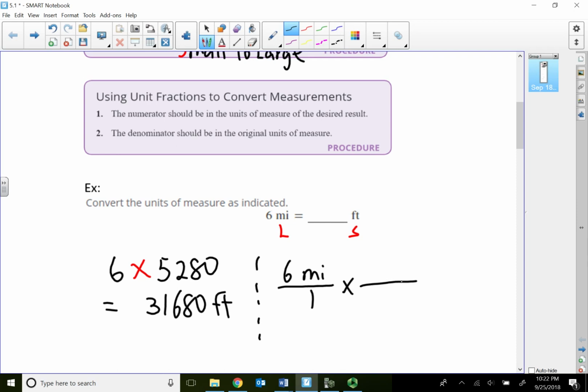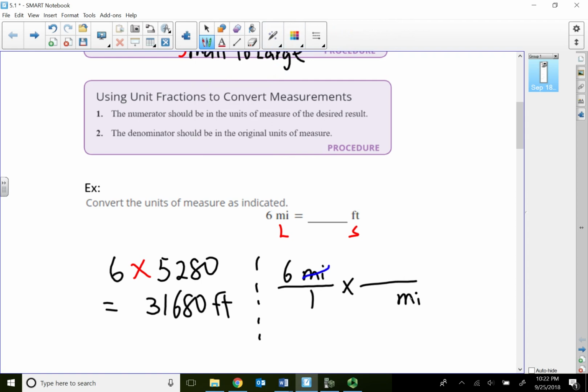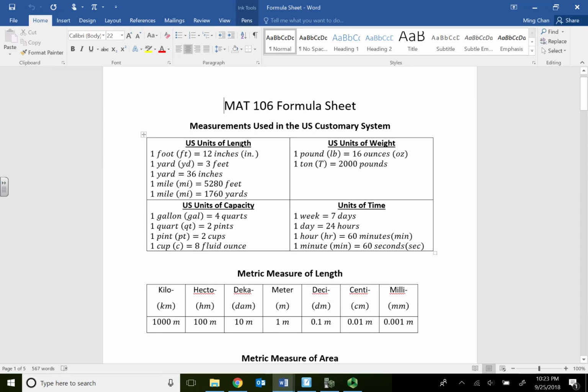This time we put mile in the bottom, because the mile on top and bottom can cancel each other out. What unit do I put on top? I will put my unit feet on top. How do I know to put feet on top? Because from the formula sheet, there is a conversion between mile and feet. This is what I call the direct conversion.